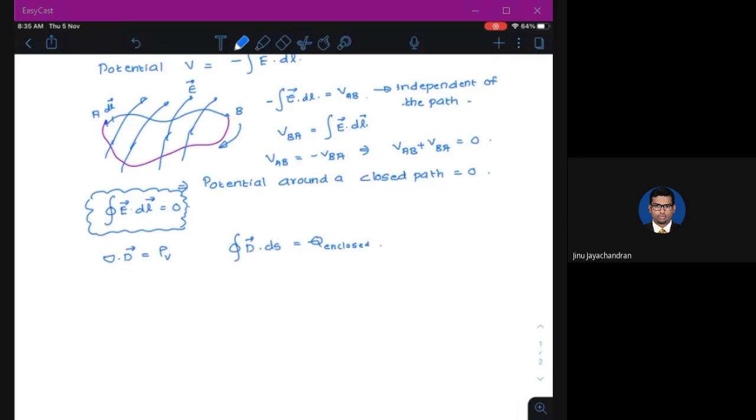If you want to derive this, you can put a volume integral on both sides of this equation. So you have, if you put a volume integral, integral of del dot D dv is equal to integral of rho V dv. This is actually the charge enclosed. And this you can write, using the divergence theorem, as integral D dot ds.